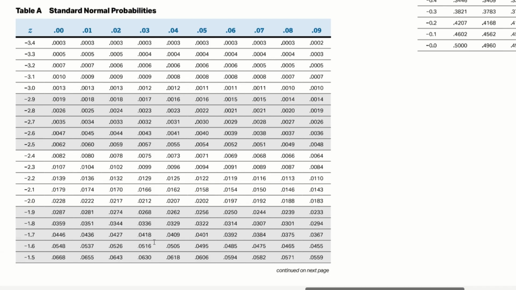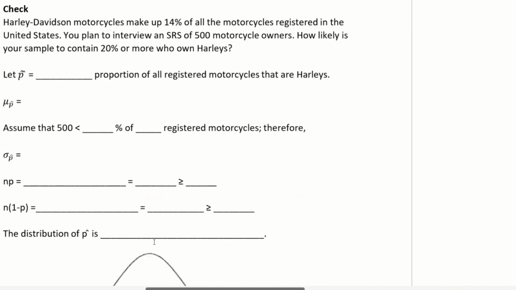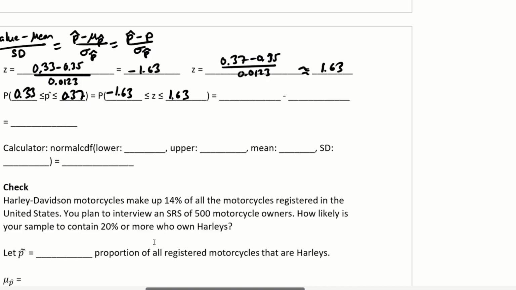We're going to subtract those two values and see what we get. So 0.9484 minus 0.0516 is 0.8968. There you go. So that's the probability.